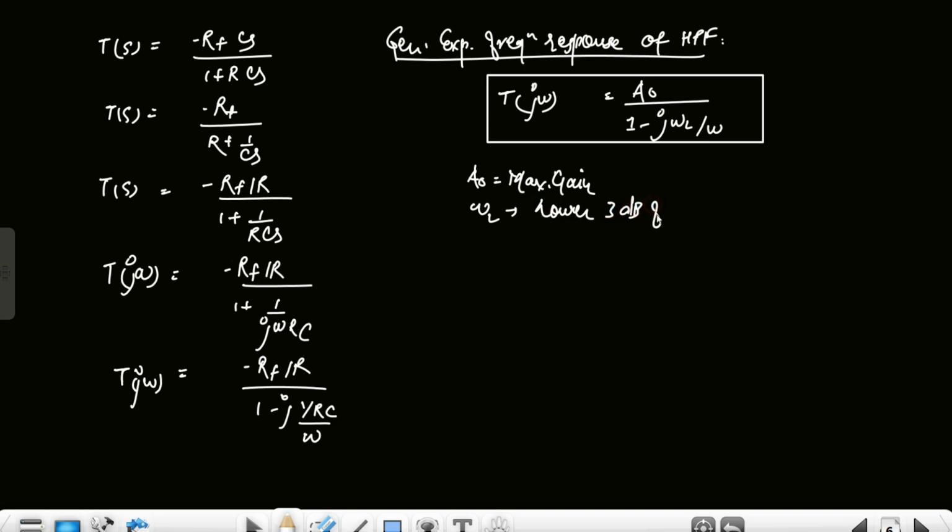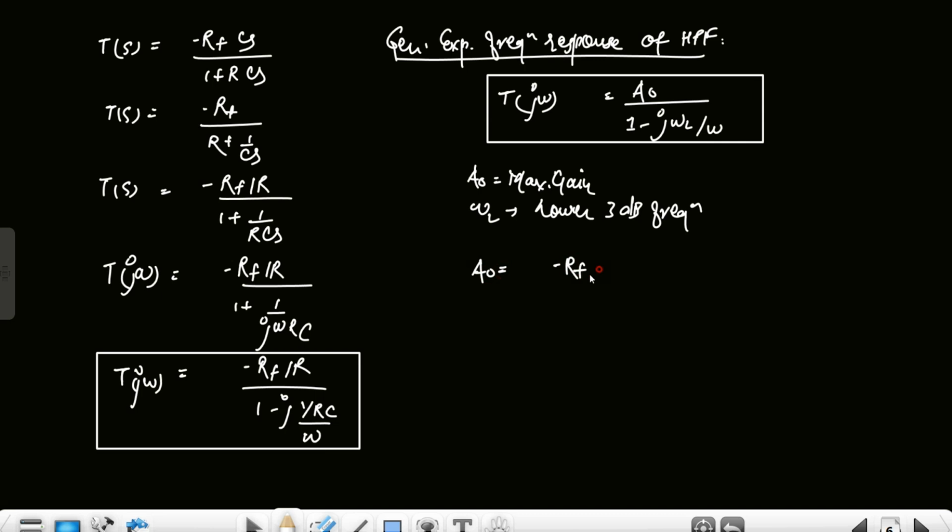So by comparing these two expressions, we can see that A0 is the magnitude of minus Rf upon R. So this is the maximum gain, and this omega L is 1 upon RC radians per second. Now we can draw the magnitude plot of this transfer function.